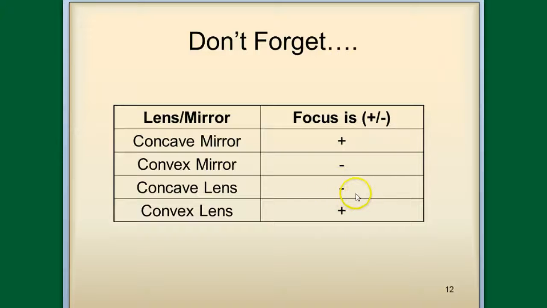The negative focus means that the focus is on the same side as the object, whereas the positive focus means the focus is on the opposite side from the object. So mirrors, same side, opposite side. Lenses, sorry, opposite side, same side. So it's just slightly different.